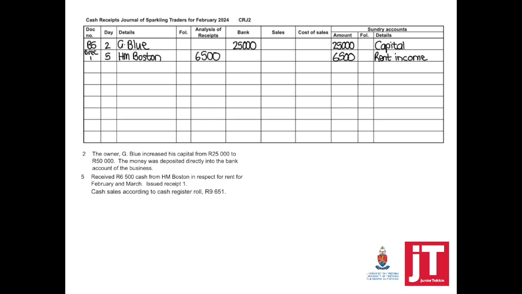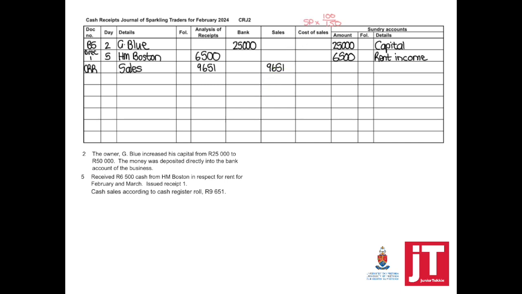Then on the same day, cash sales according to the cash register roll, 9,651. We don't have to write the date again, but the source document is cash register roll. Details will always be sales. Analysis of receipts, 9,651. Why did we receive the money? Because of sales.